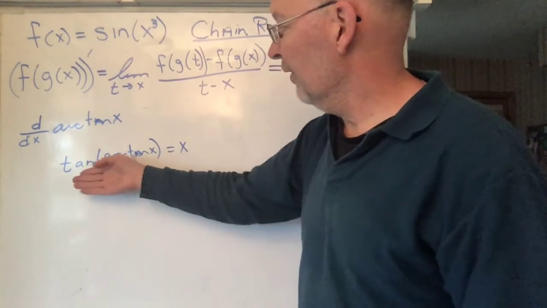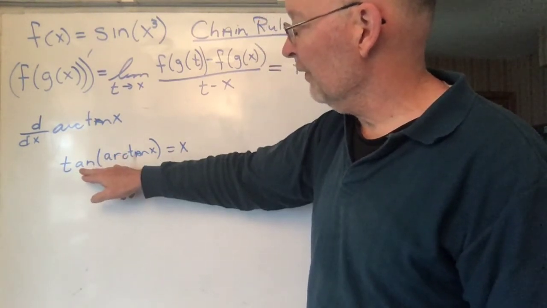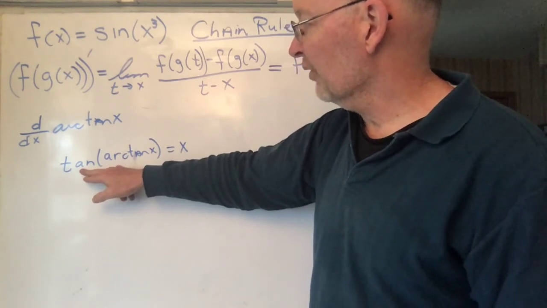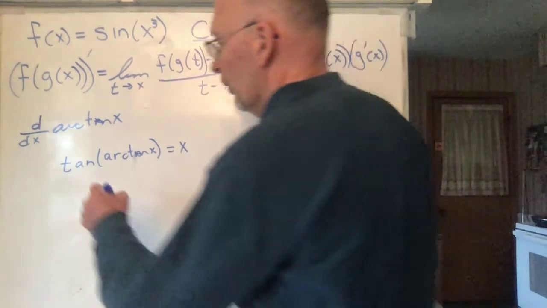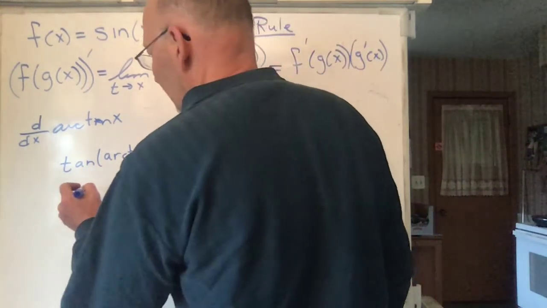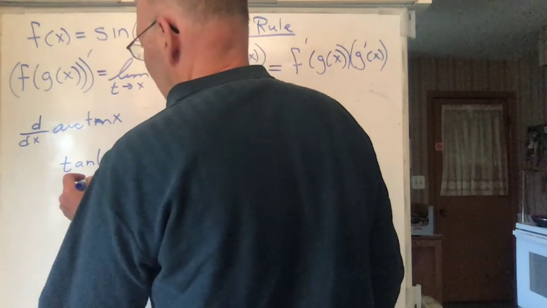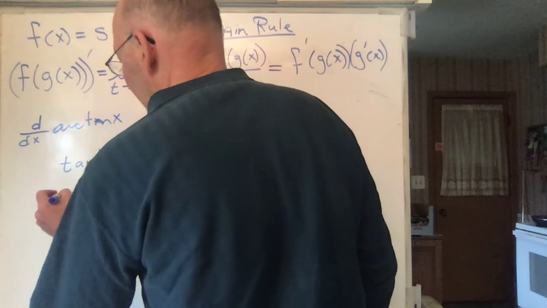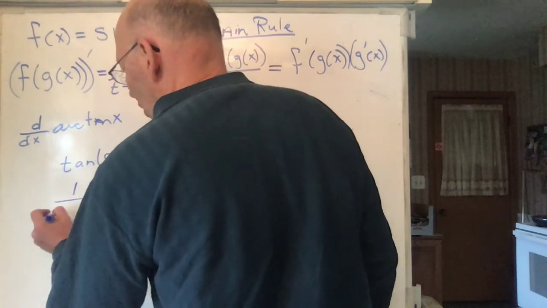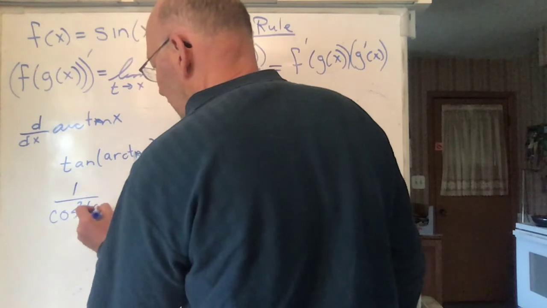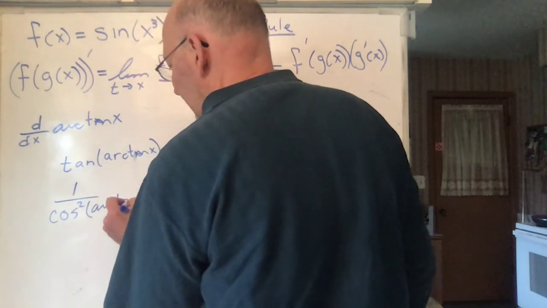What's the derivative of this side? Recall that the derivative of the tangent is 1 over the cosine squared. So the derivative of the tangent of anything is 1 over the cosine squared. So when I take the derivative of both sides, I get 1 over the cosine squared of the arctan of x.